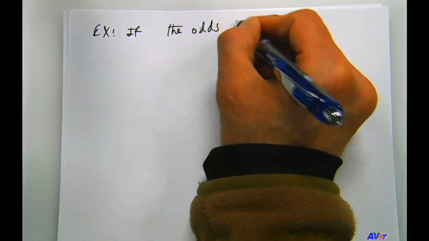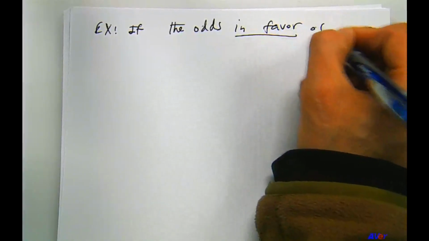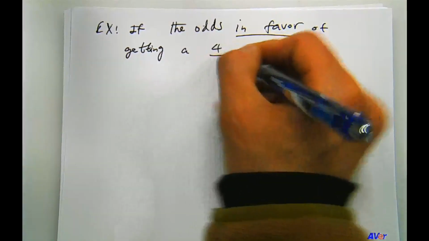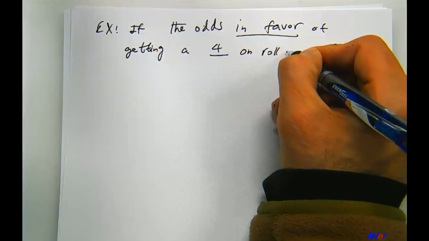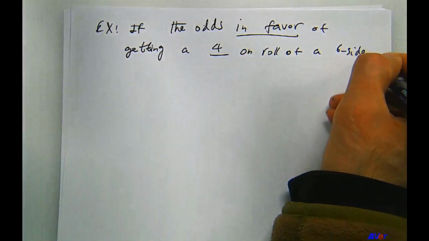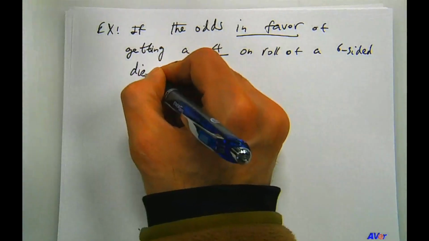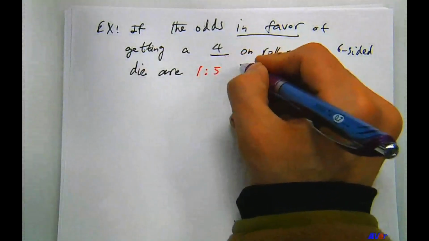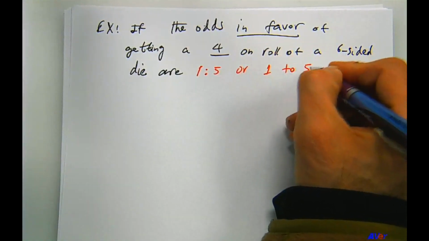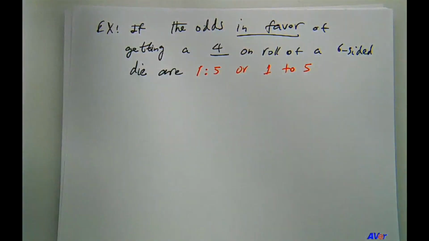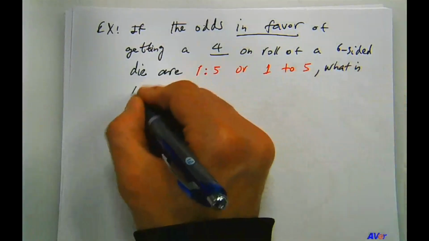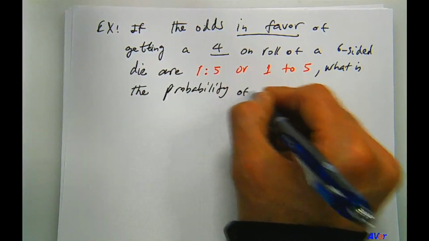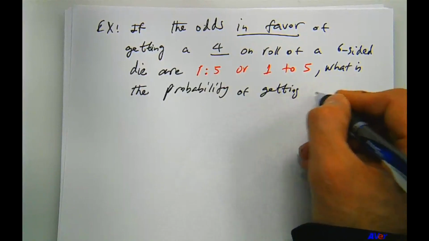So we say if the odds in favor of getting a 4 on roll of a 6-sided die are 1 to 5, then what is the probability of getting a 4?